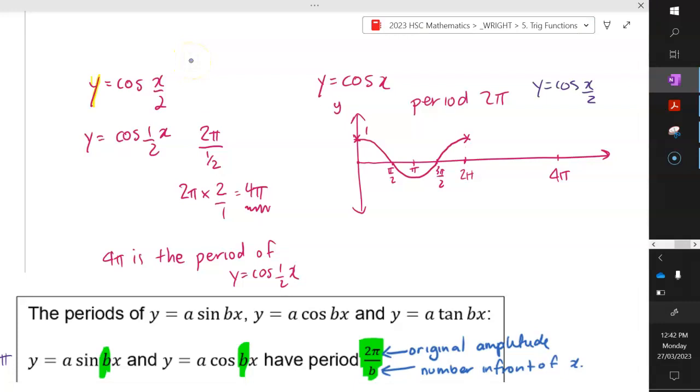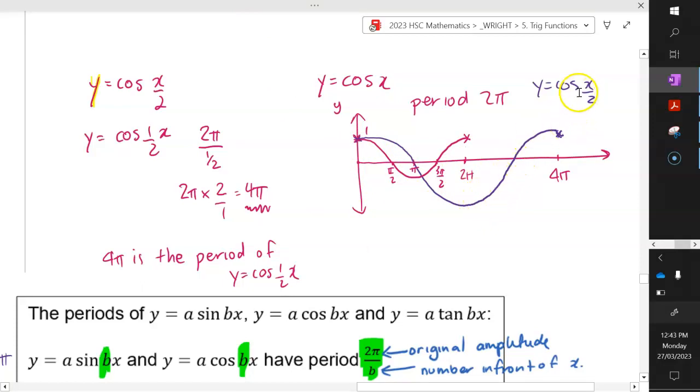It has a period of 4 pi, so I'm going to be starting up here. I'm going to be finishing down here. So I'm going to be moving through my curve like that. So that's the difference between the two curves, the pink one being cos of x and my purple one being cos of x on 2.